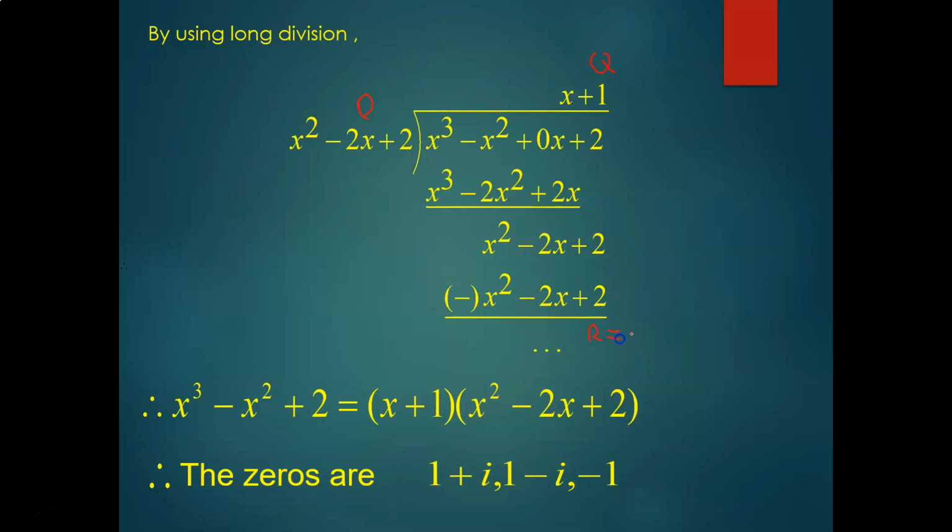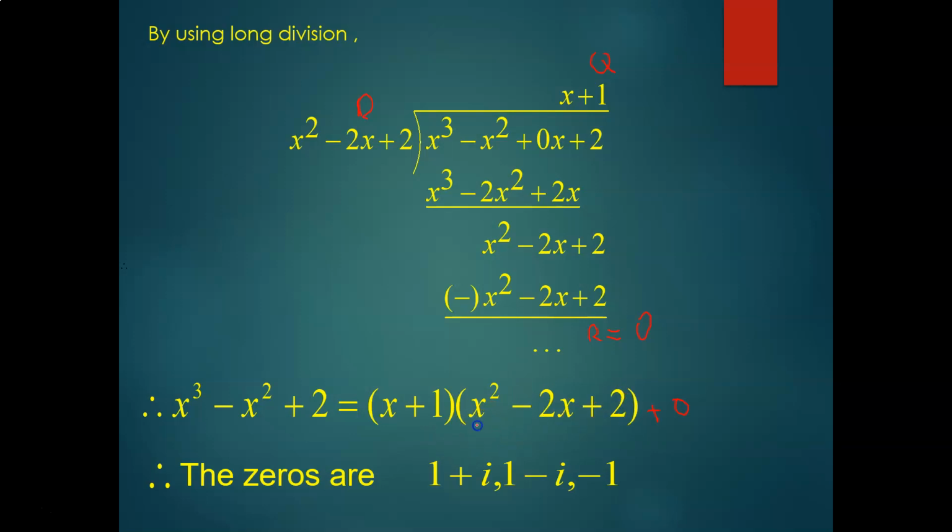My remainder equals to 0. So again, I write it down nicely. Px equal to q times d. This is d kan? Susun semula dalam px equal to qx times dx plus r, where my r equal to 0. Plus 0. Okay. So in here, I will have my x square minus 2x plus 2.